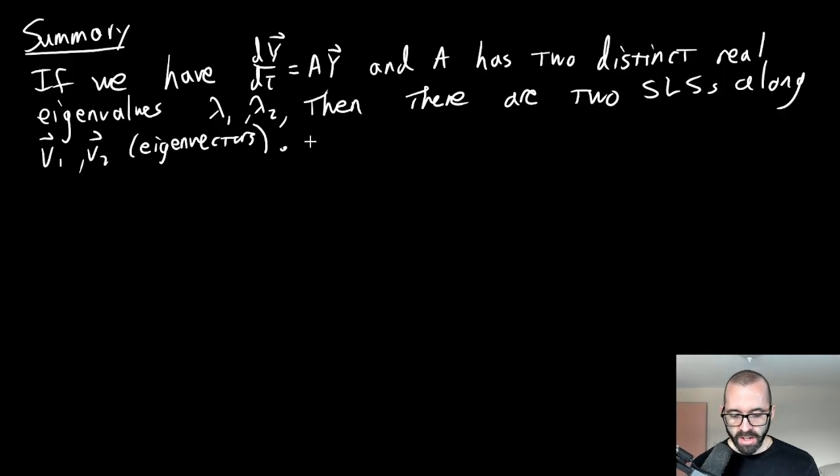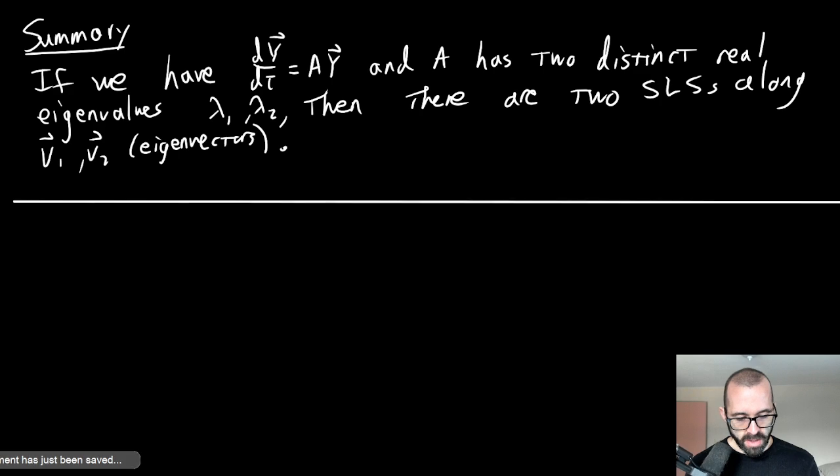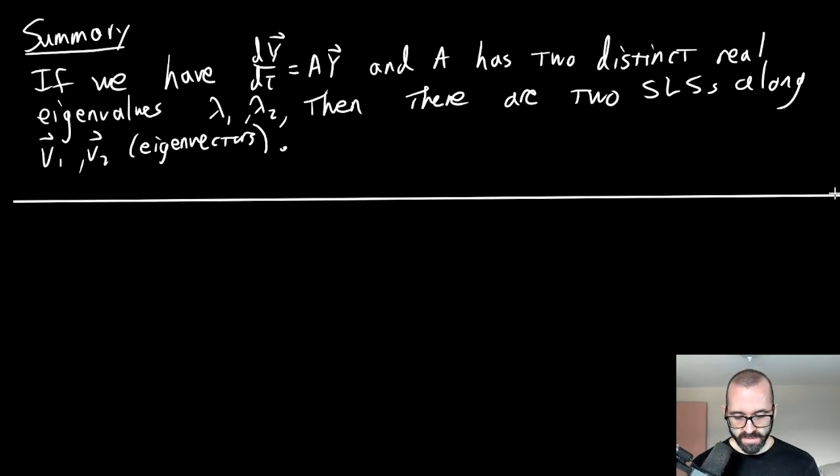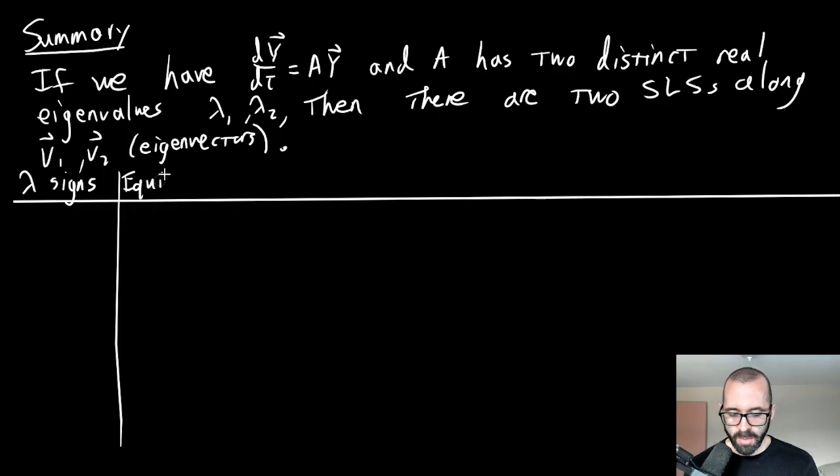So, can I fit all of this in one page of a table? I have no clue. But we're going to try. Okay, can I draw a straight line? I don't know. So we're going to look at the sign of our eigenvalues. We're going to look at classifying our equilibrium of (0, 0).